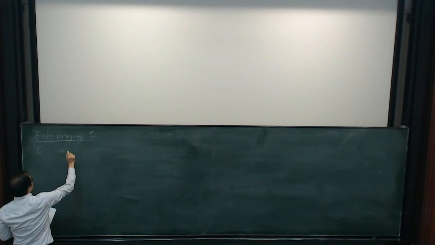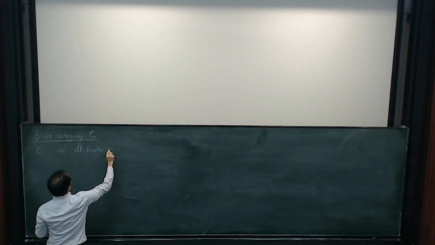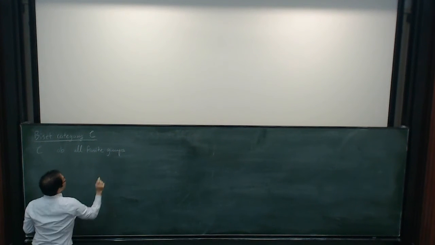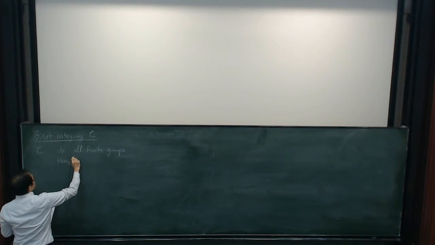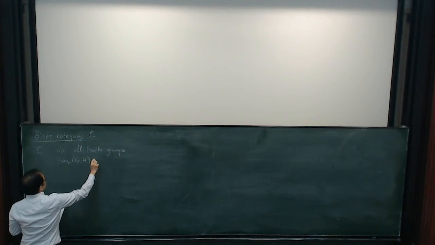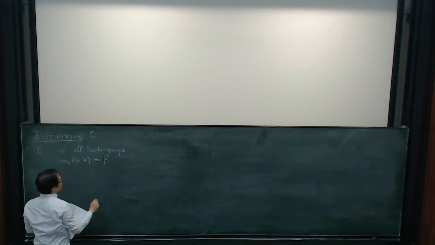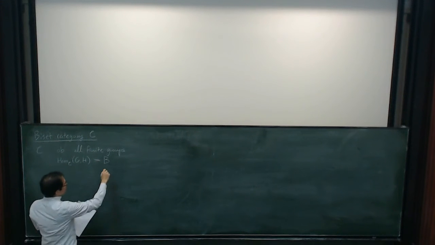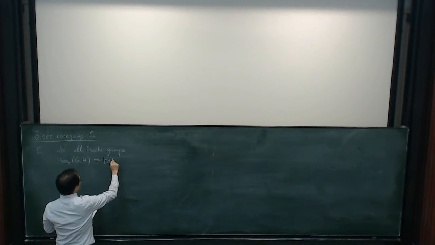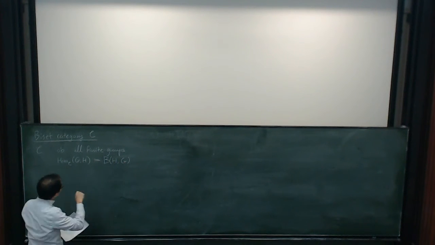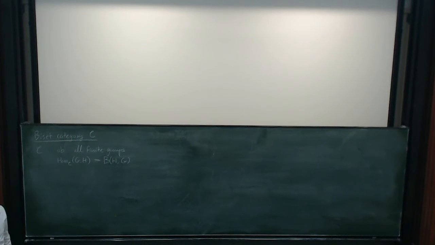This category has as objects all finite groups. And the morphisms here will be, there will be several different conventions for left and right here, but this will be this. This is the full double Burnside ring.